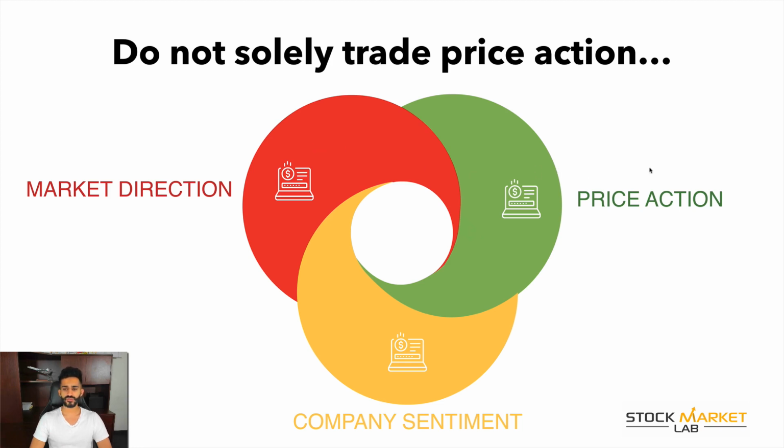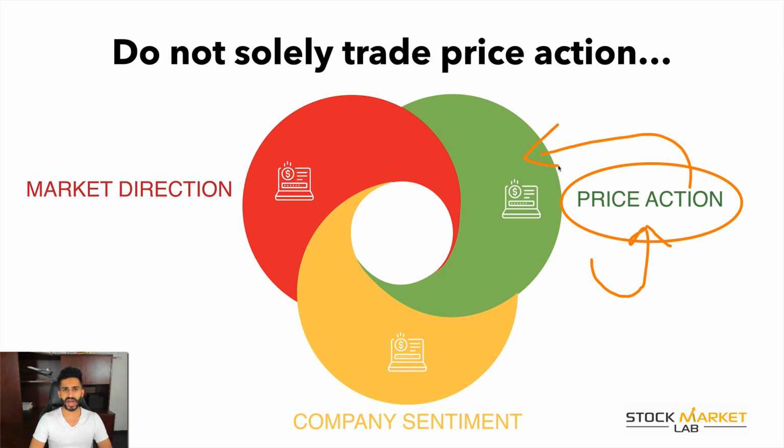What a lot of people do is they focus on just price action when they're trading. So it's the same concept as you going to war and just immediately attacking. You're looking at a chart and constantly attacking the charts without understanding the big picture, without understanding the surrounding factors around that price action, which is market direction and company sentiment.